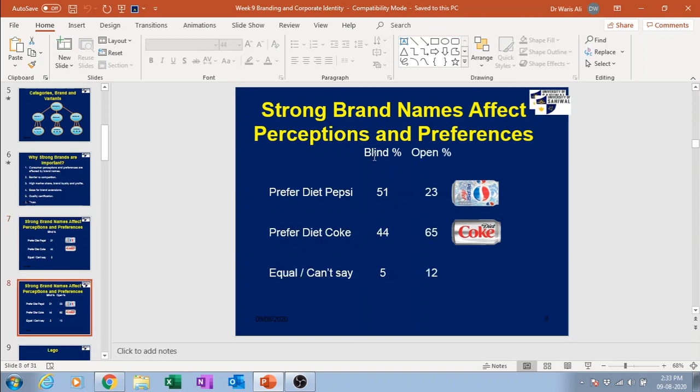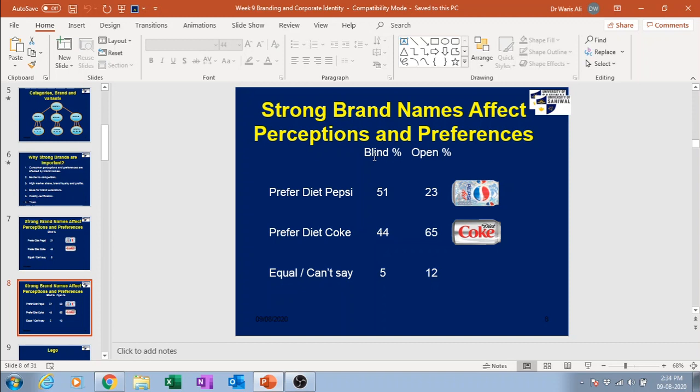Then what happened? Then they were told, okay, this glass carries Pepsi and this one carries Coke. When they were told, what happened? Only 23% of people preferred Diet Pepsi, while 65% preferred Coke. Look into this. When they were not told the brand, the majority of the people preferred Diet Pepsi.